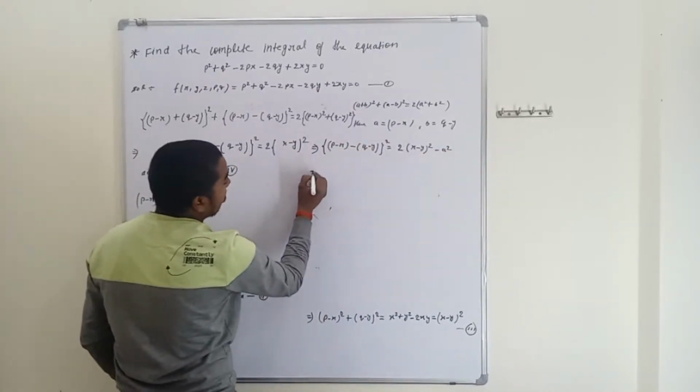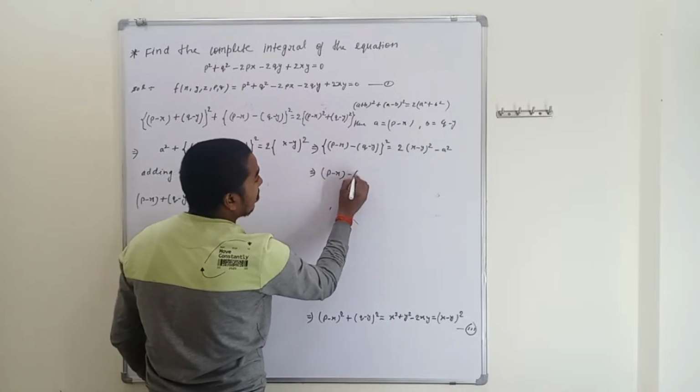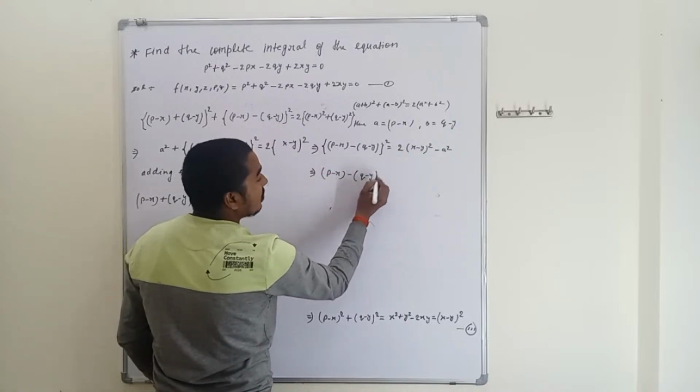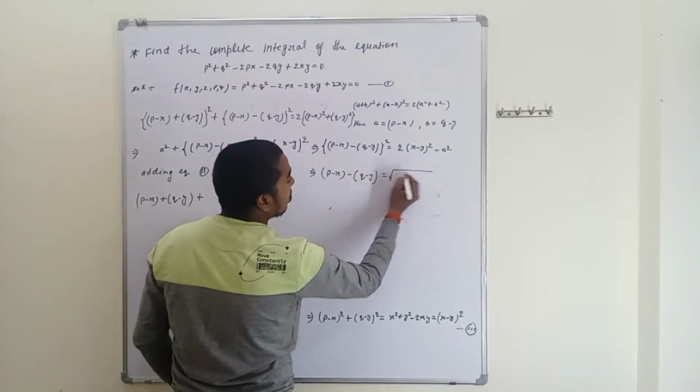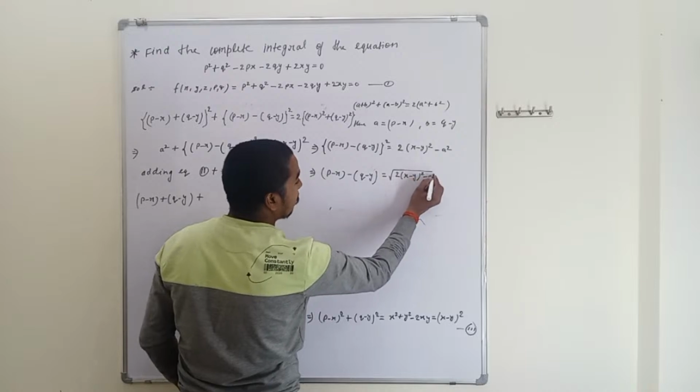And from here, that is p minus x and minus of q minus y is equal to under root of 2 of x minus y whole square minus of a square.